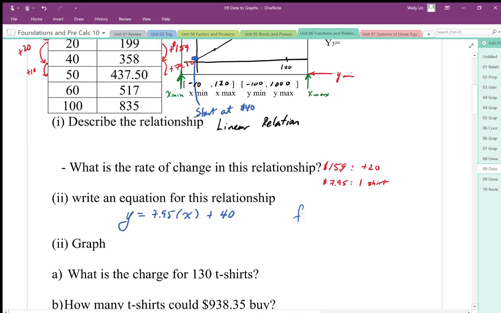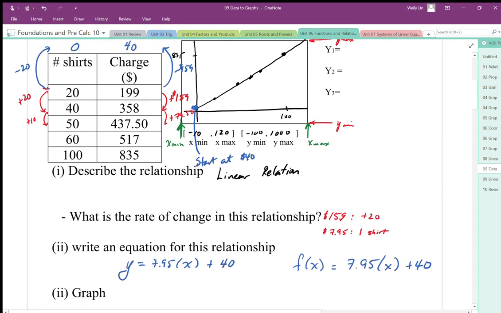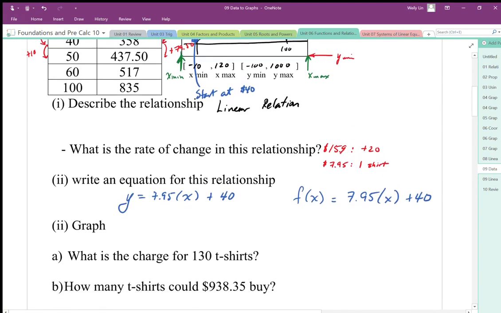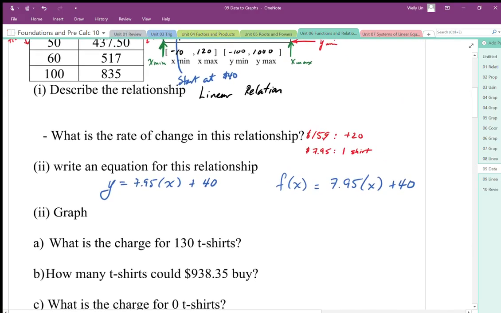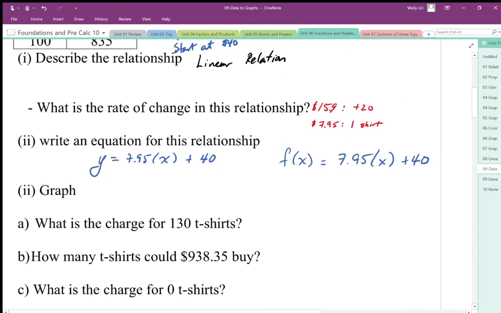Writing it in function notation, I get f of x is equal to, if I input my number of shirts, I'm going to get an output of my charge. And there's what my graph is going to look like. So I want to know, what is the charge for 130 shirts? Well, now I have an equation.